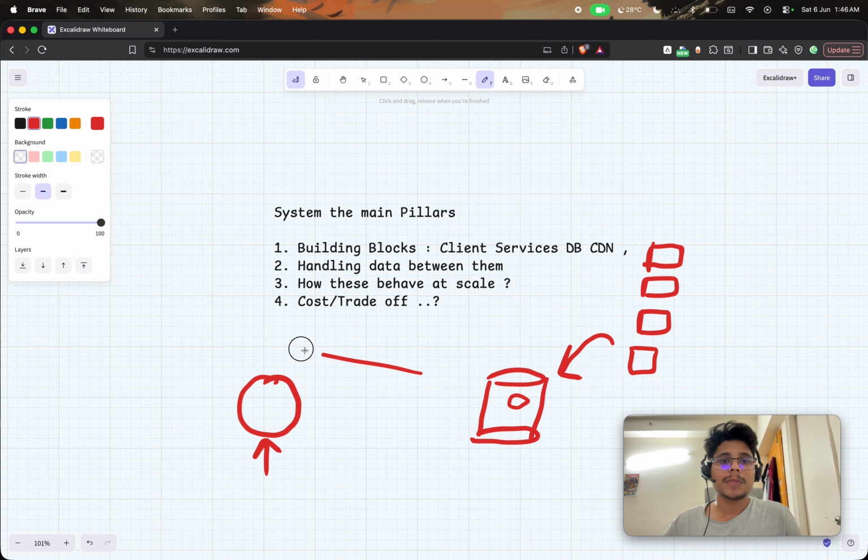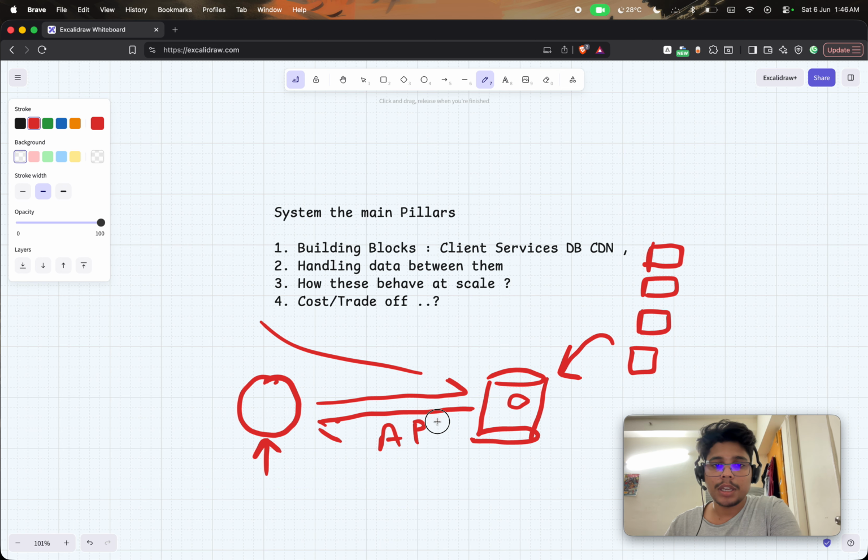The communication between these is done with some kind of APIs, and they communicate over HTTP. So this is called building blocks: the client, the servers, which is called the database, and we have CDNs also to cache things.